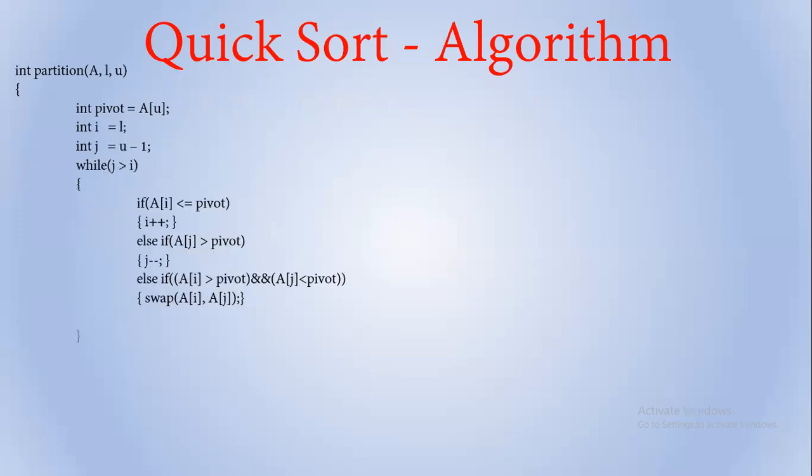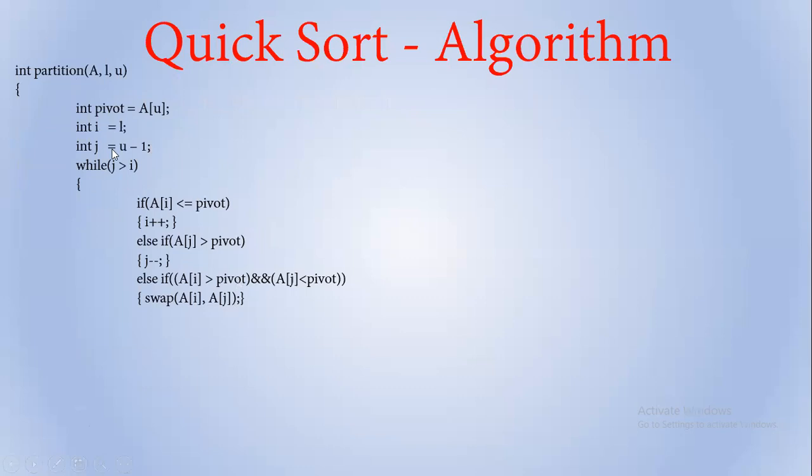So that is how this partitioning of the quick sort operation works. There is interchanging of elements if these conditions become true. So there is a rearrangement, and there is a value which is returned.